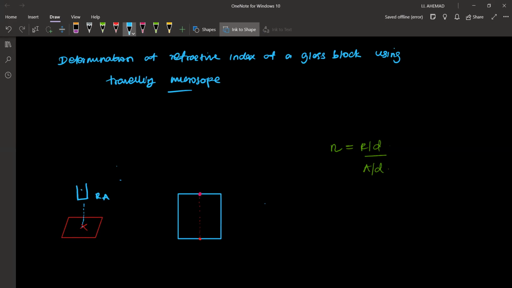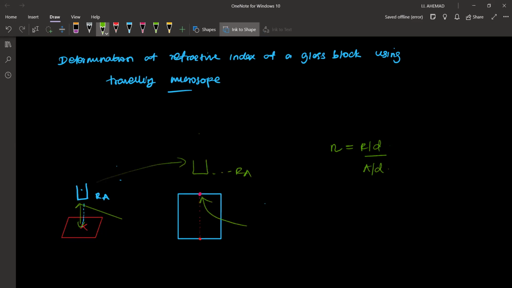Now you have already adjusted the microscope, and it will focus only this distance. When you look through the microscope, will the image be clear?